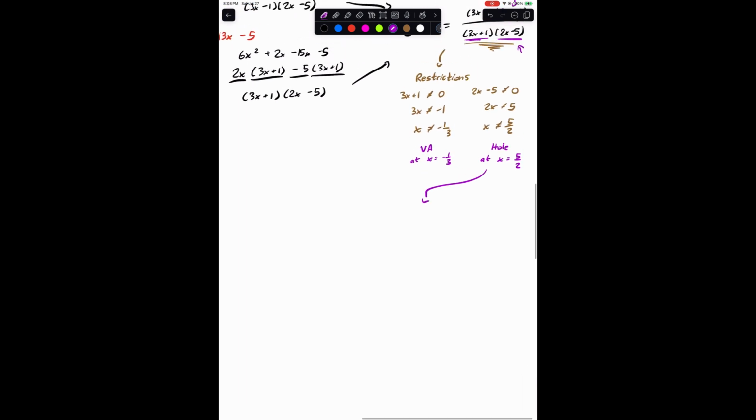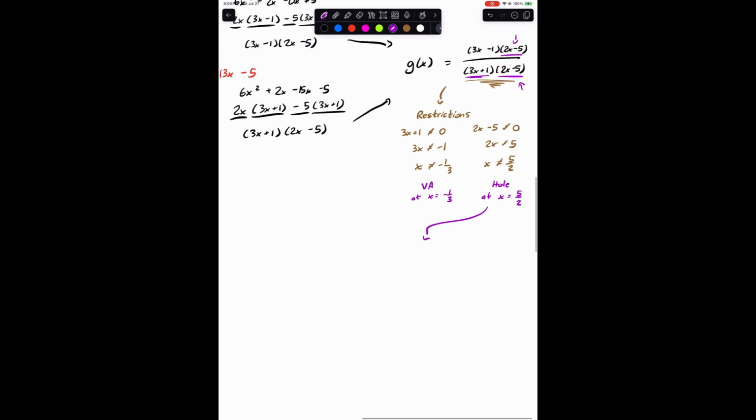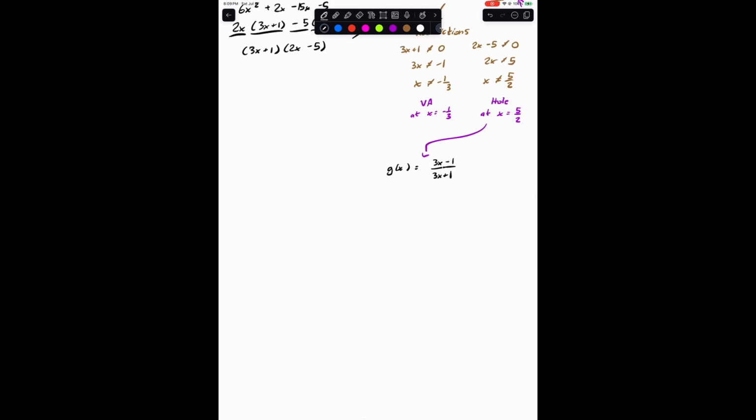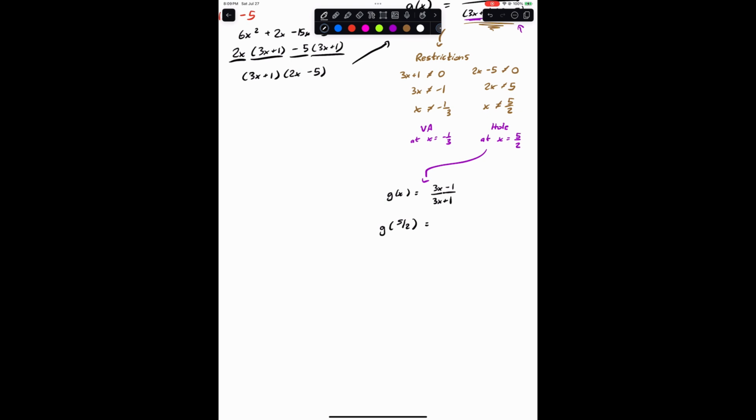And when we plug that in, so when we plug in the hole, we have to use the most simplified version. And the most simplified version is g of x equals 3x minus 1 over 3x plus 1. We'll plug in the 5 halves. Because remember, if you use the original function, you get 0 on the bottom and top, which is no good.